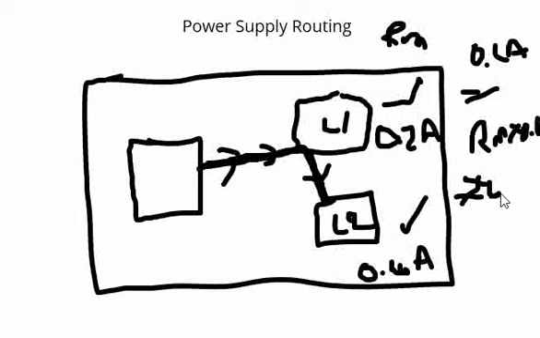Now let us assume Rm is 1 milliohm for our understanding. That means the drop will be 0.6 millivolt, which is not a significant voltage drop. That means around 600 microvolts drop, which is not significant compared to the voltage that is given.